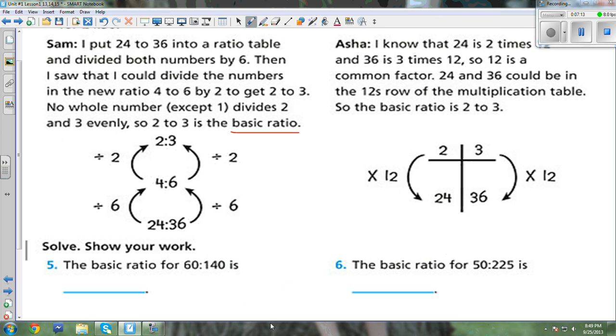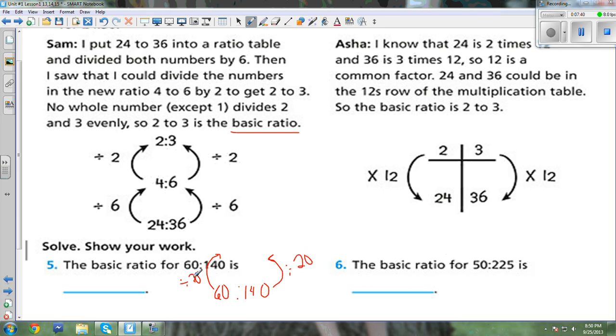So if I had 60 and 140, and I said, well, I know that 20 will go into both, so I'm going to draw an arrow and divide by 20, and I'm going to divide by 20.